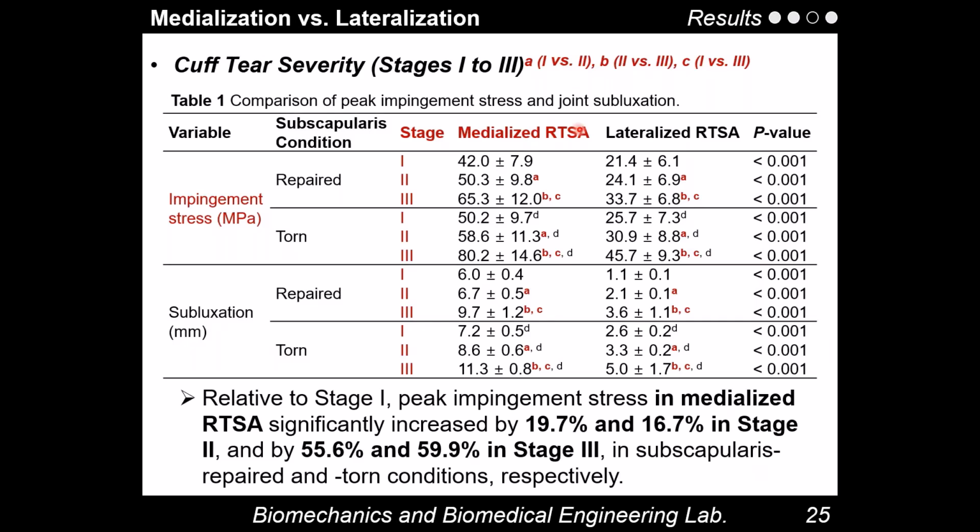The most dramatic change, however, occurs in stage 3. Once we reach a complete tear of both supraspinatus and infraspinatus, the stress levels surge by 55.6% and 59.9% for the repaired and torn subscapularis conditions, respectively. This shows that the loss of the posterior counterpart results in increased mechanical impingement.